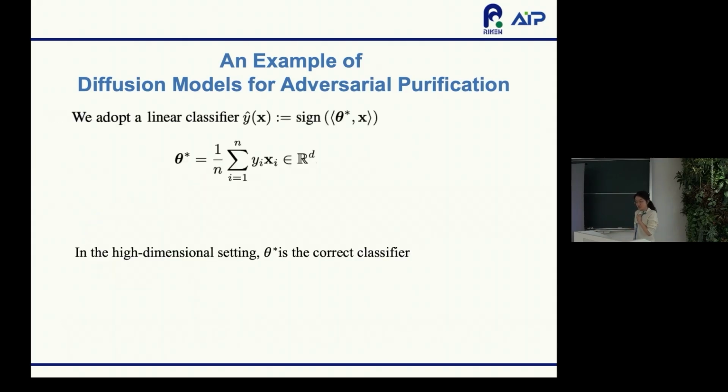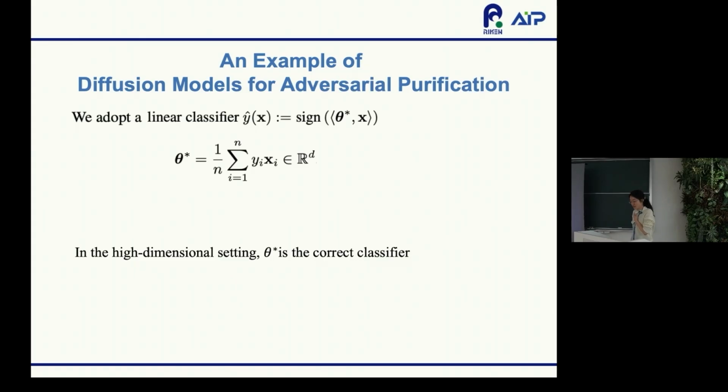We adopt a linear classifier because we assume the data are linearly separable. We follow the least squares method to derive this linear classifier. In the high dimensional setting, this theta star is also the correct classifier.